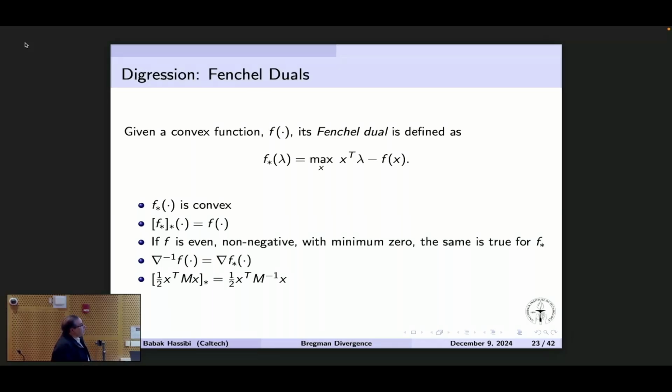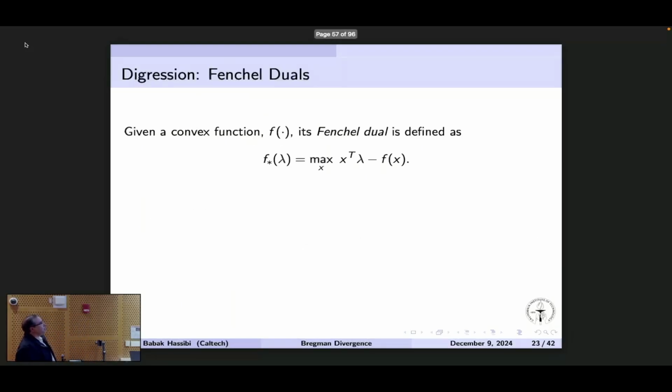The inverse of the gradient of the function f, inverse here I mean viewing the gradient as a mapping, it's a vector if I view it as a mapping, the inverse is the gradient of the Fenchel dual. And if I look at quadratics, the Fenchel dual of a quadratic is a quadratic where you replace the center matrix with its inverse. So that's all I will need.